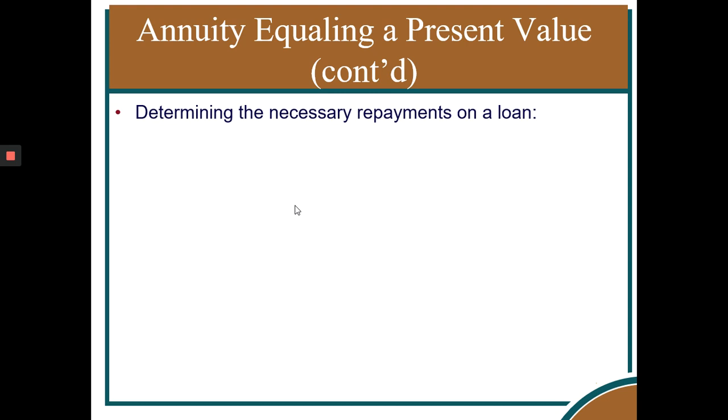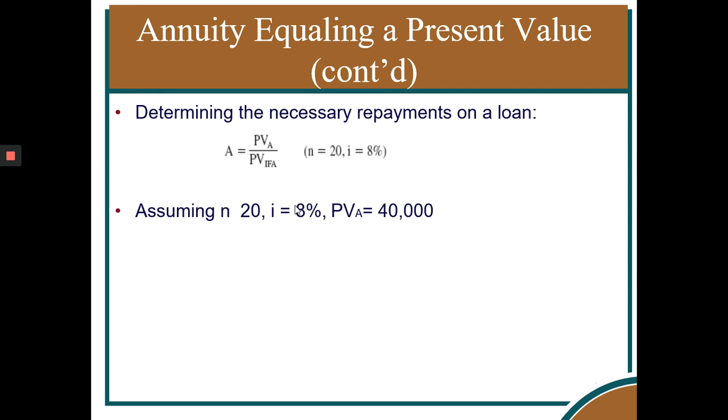So let's find out the necessary repayment on a loan. Let's assume the company has n equals 20, interest is 8%, and the present value annuity is 40,000. The annuity would be 40,000 divided by the interest factor 9.818.